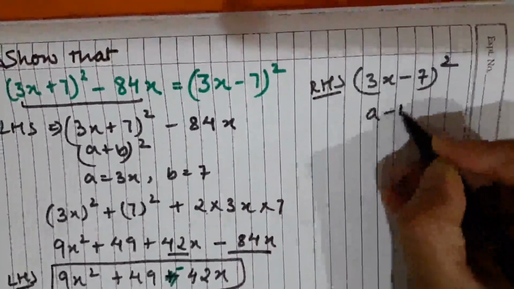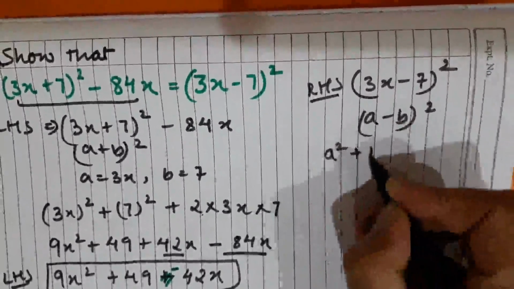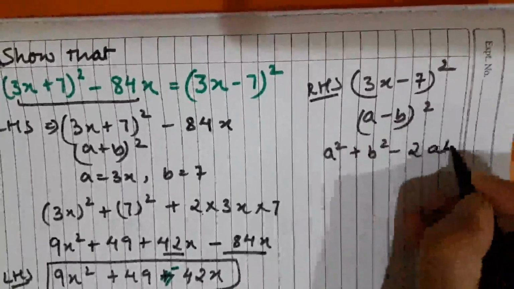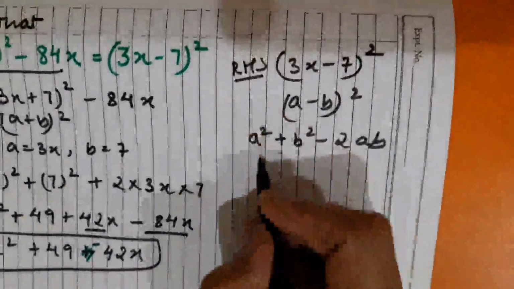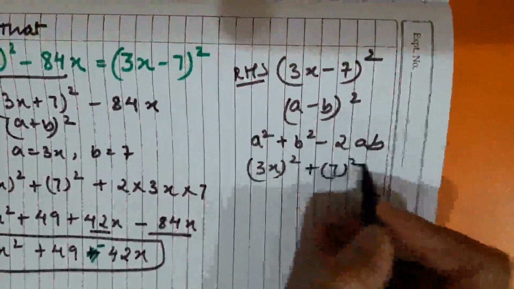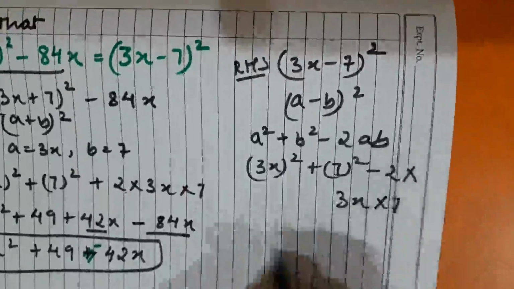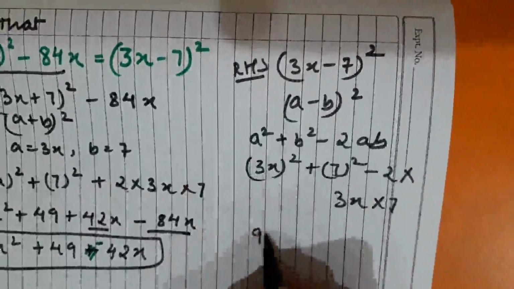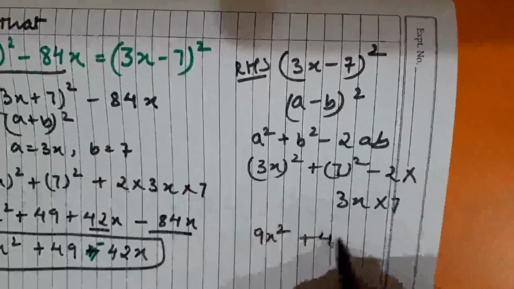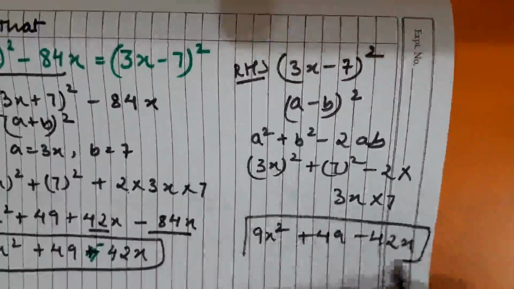So a minus b whole square: a square plus b square minus 2ab. Now a is 3x whole square, 7 whole square, minus 2 into 3x into 7. So 3x square is 9x square plus 49 minus 42x. So this is your rightmost side.